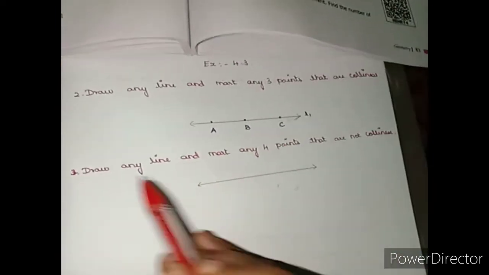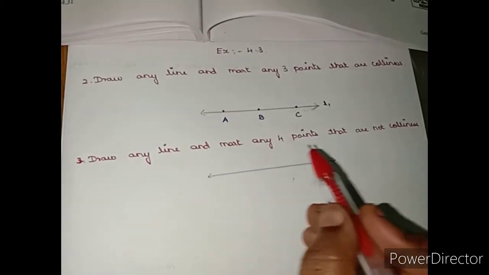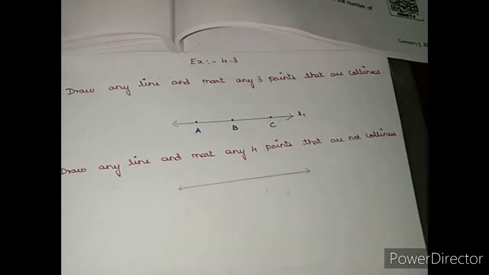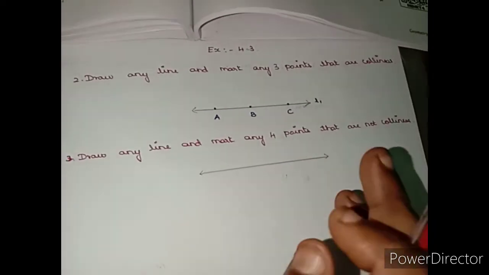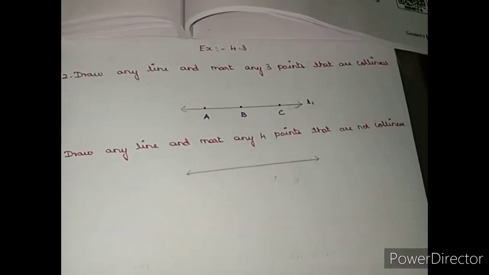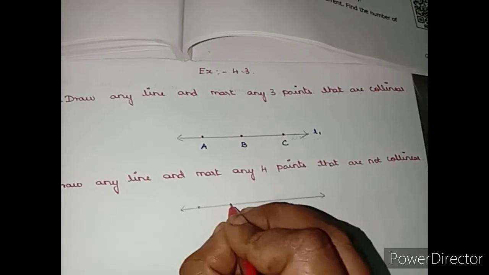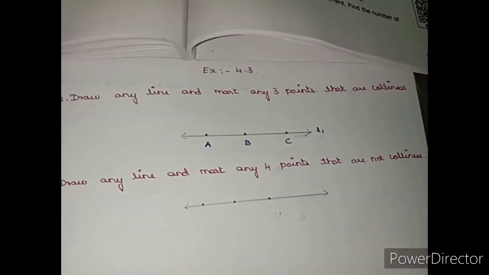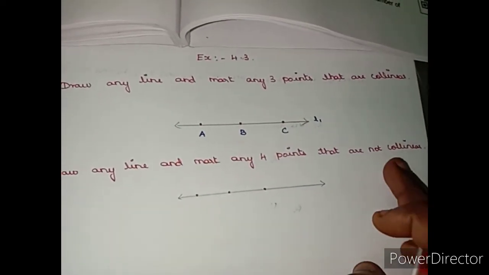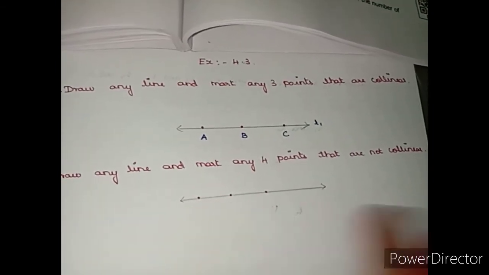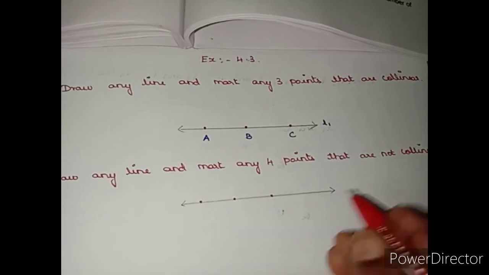See the next question. Draw any line and mark 4 points that are not collinear. Not collinear means not in a straight line. We'll keep it in mind like that. I told you not collinear means not in a straight line, but I am drawing 3 points which are collinear. 1, 2, 3.